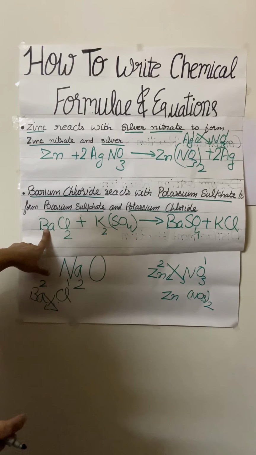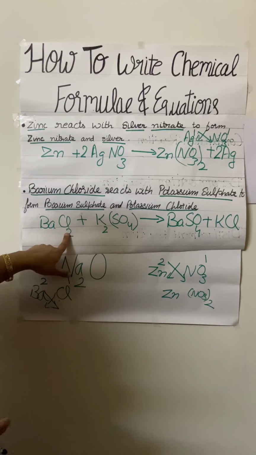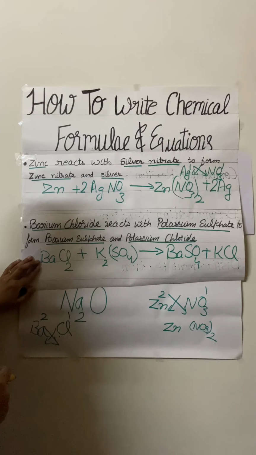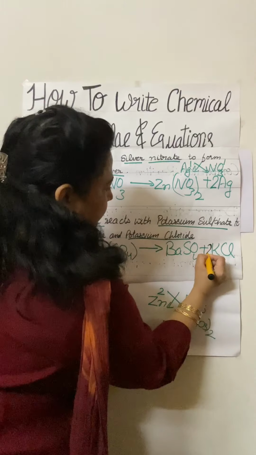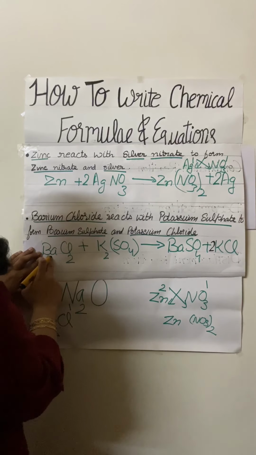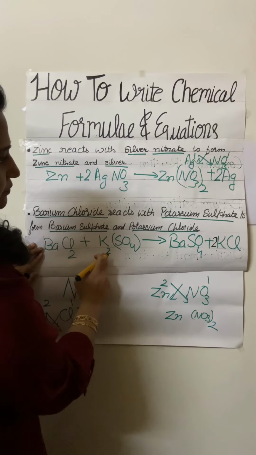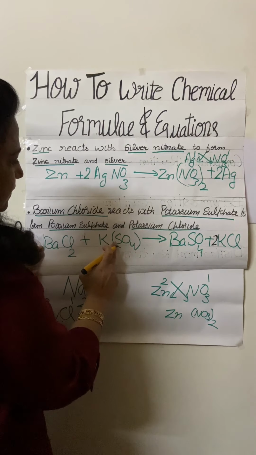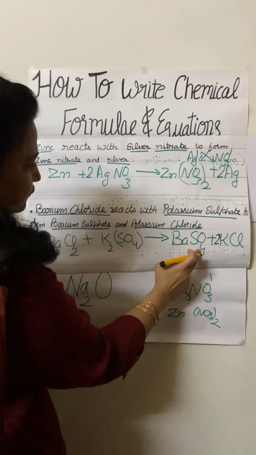We have barium 1 here and barium 1 here. Chlorine is 2. So chlorine is not balanced. In order to balance chlorine, let us put 2 over here. Now we have 2 chlorine, barium 1 over here, barium 1 over here. We have 2 potassium and 2 potassium, sulfur 1, 4 oxygen and 4 oxygen.